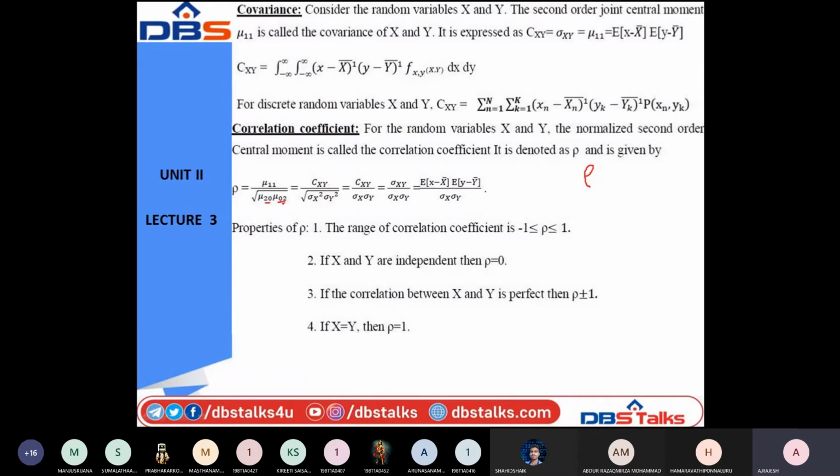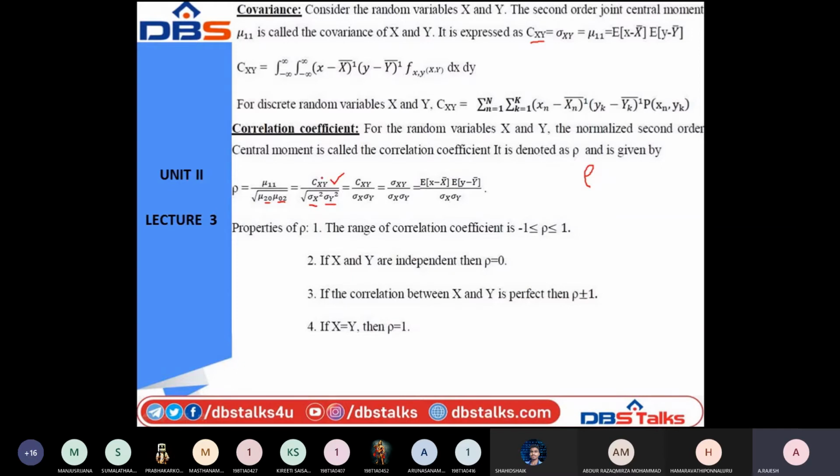So we can also write this one as mu of 2 0, and mu of 0 2 can also be written as sigma x square into sigma y square. So mu of 1 1 can also be written as c11 or cxy, and mu of 20 can be written as sigma x square, mu of 02 can be written as sigma y square.